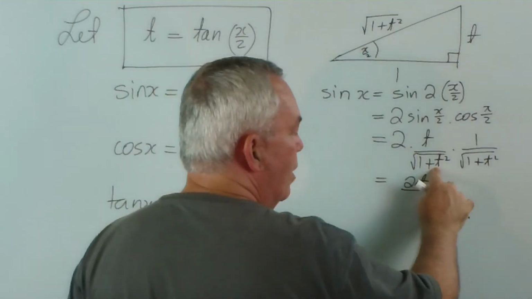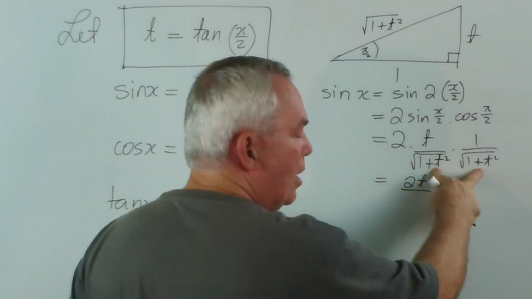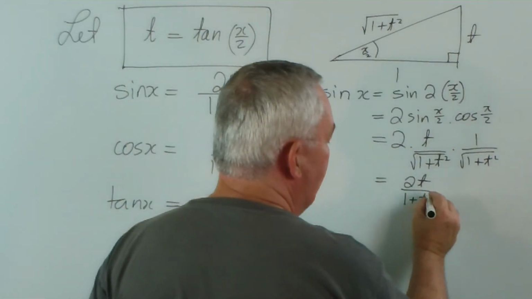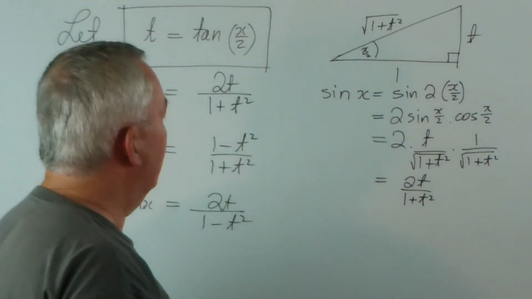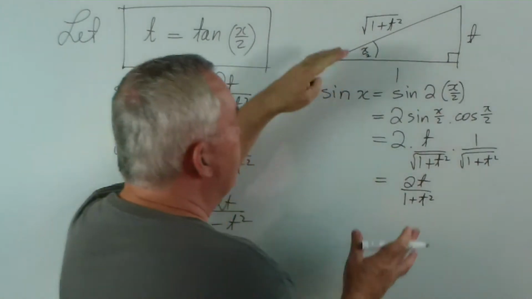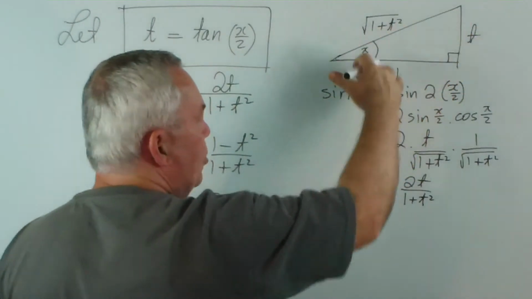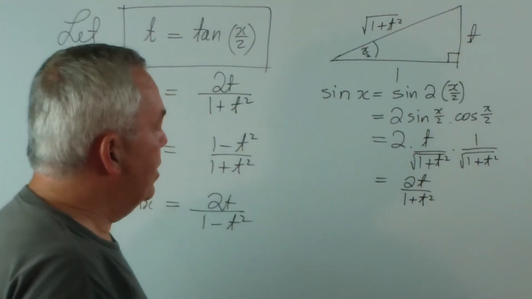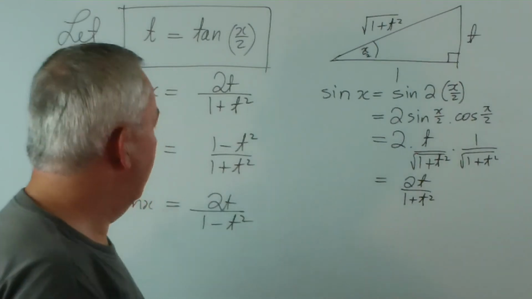And on the bottom, root 1 plus t squared times root of 1 plus t squared gives us 1 plus t squared. That's a slightly faster derivation, and some students very much like that. They like the pictorial simplicity of it. So there it is, that's the sine value.